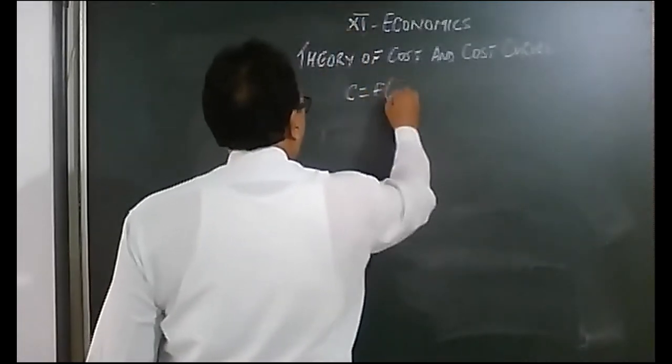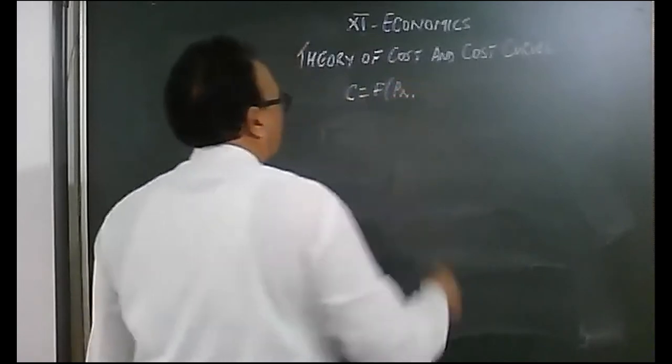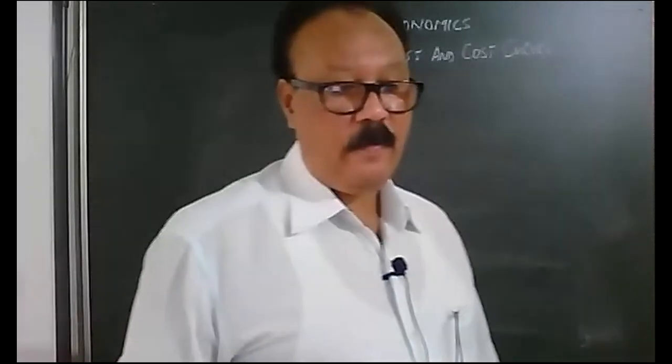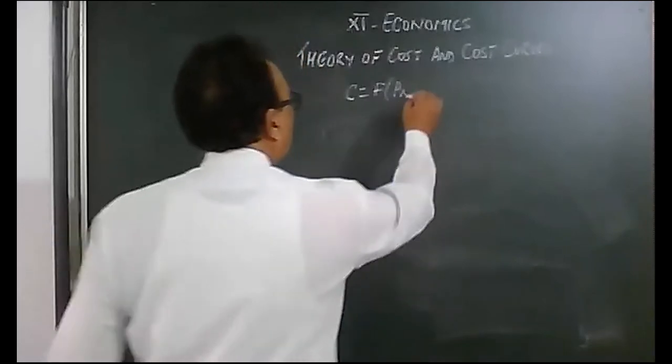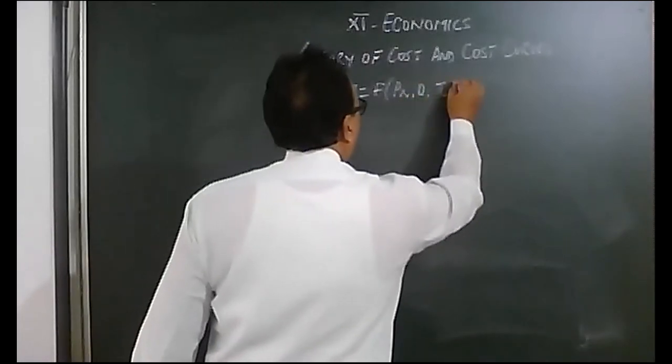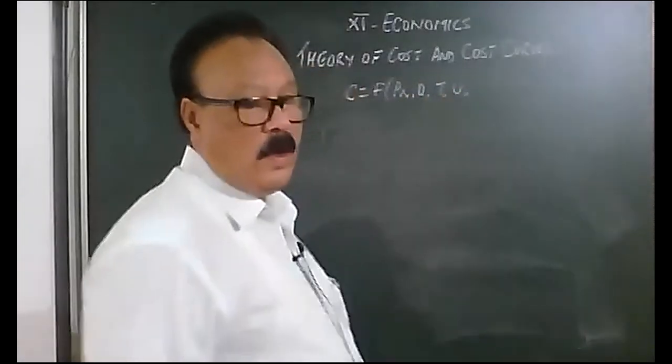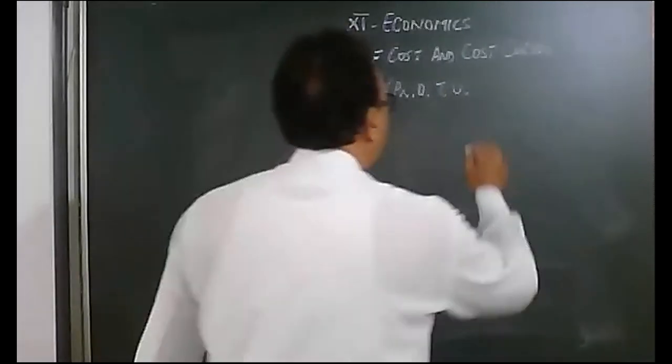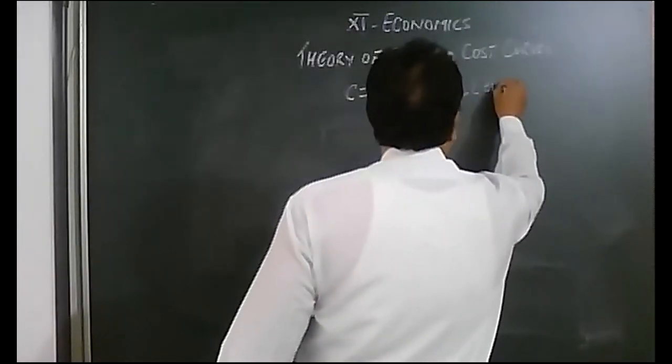It is written as C = f(PR, O, T, U, L, E, T, C).